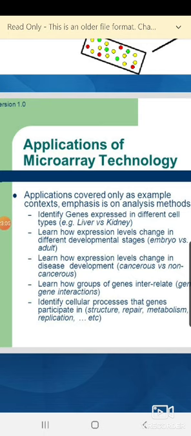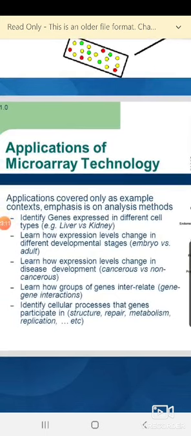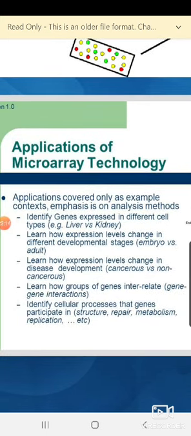So, you can study that also. We can learn how expression level changes in different developmental stages, that is embryo versus adult. So as the individual is growing from an embryo to adult, in different developmental stages, different gene expression levels will also change.